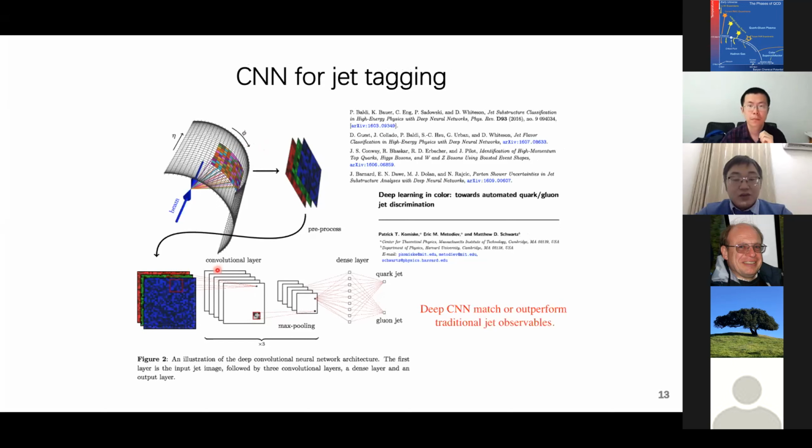And the convolution kernel here is a two-dimensional block, which slides from left to right, from top to down, to produce new features. After several convolution layers, those neurons are flattened and connected to a dense neural network. In the output, there are two neurons. One represents a quark jet, one represents a gluon jet.